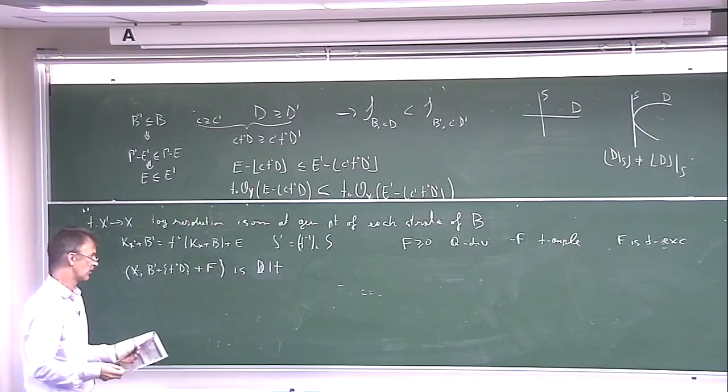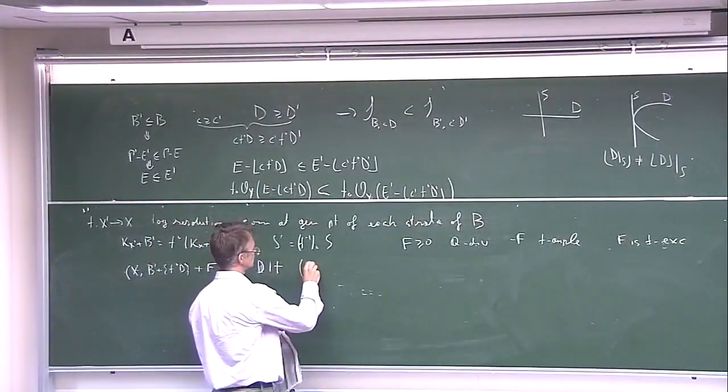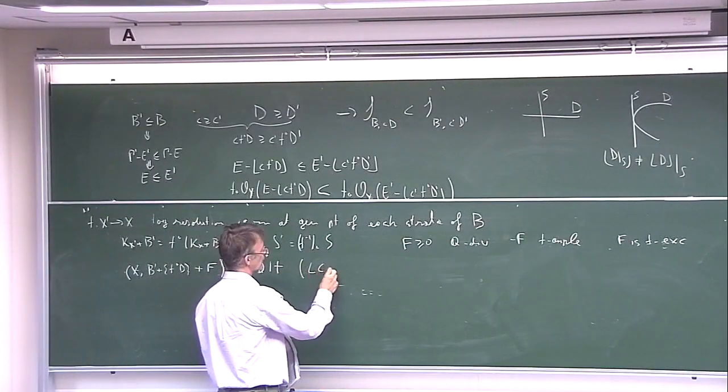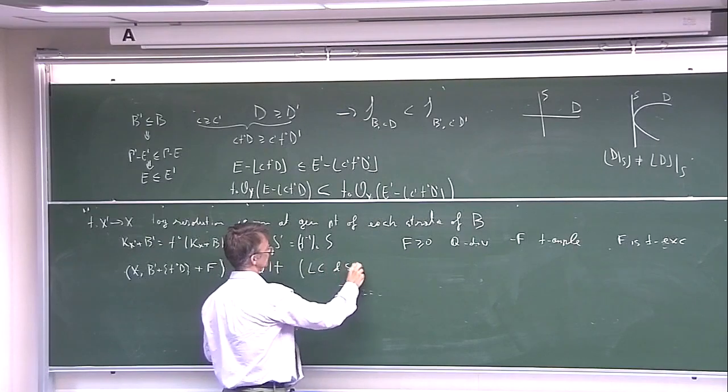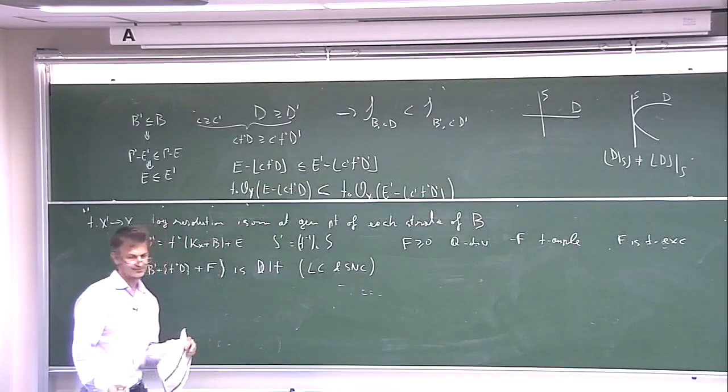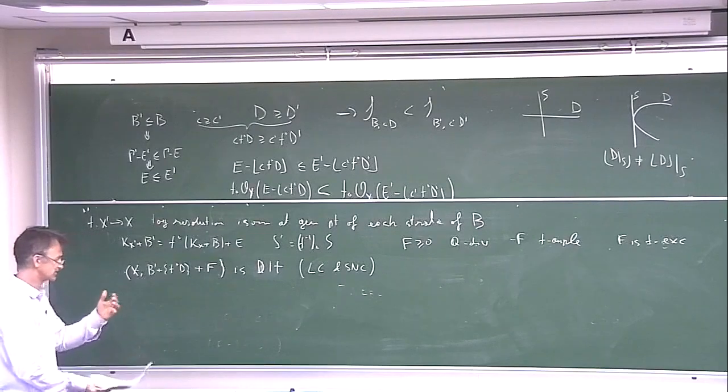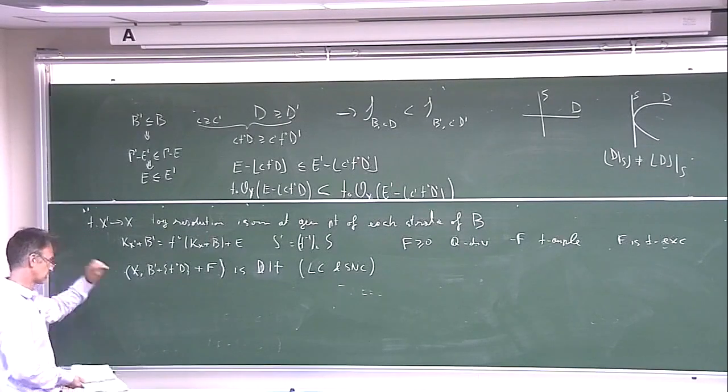So you should just think of it as log canonical and simple normal crossings. That, morally speaking, is what DLT is. There's a slightly more general version.